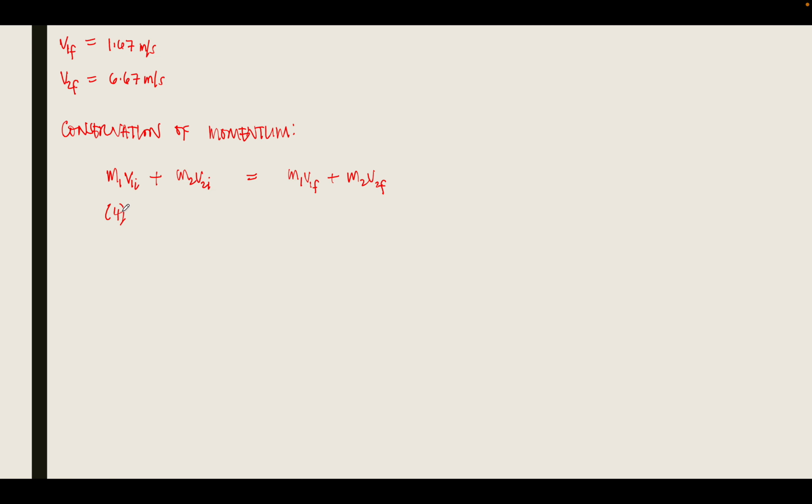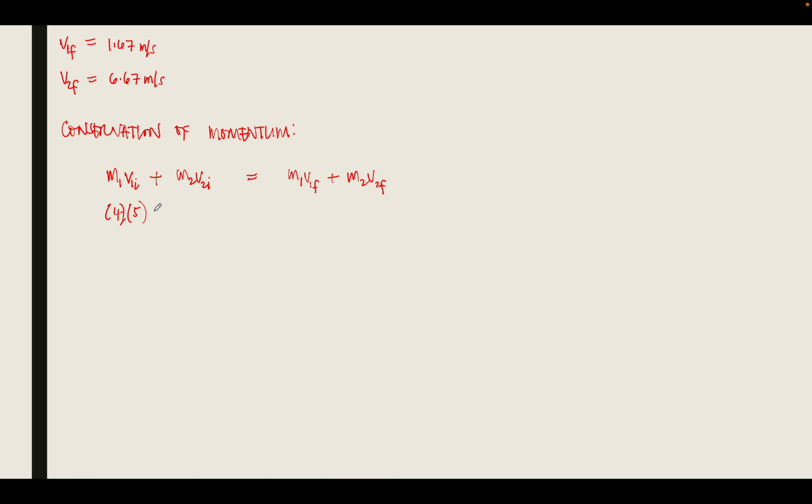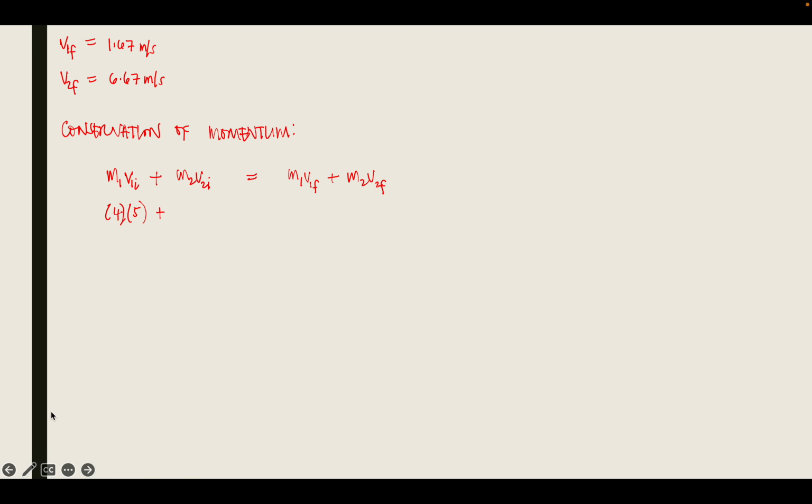M1 is 4 times V1 initial is 5, plus M2 is 2 times V2 initial is 0, is equal to M1 again is 4 times V1 final is 1.67 plus M2 is 2 times our V2 final is 6.67. So this one is now 0.